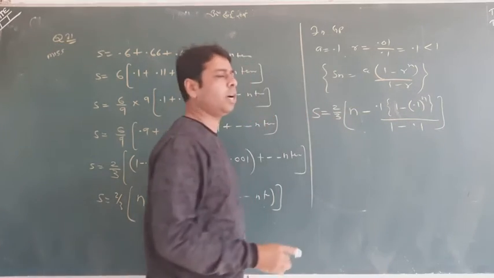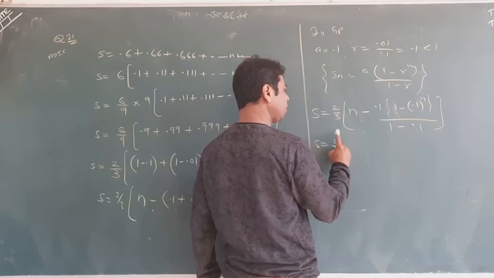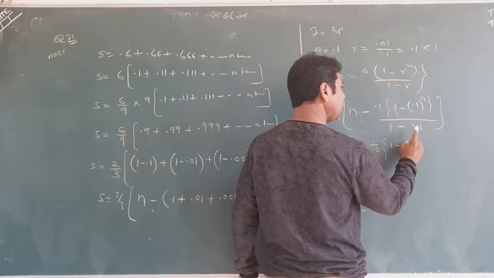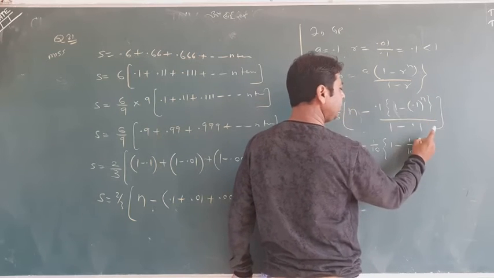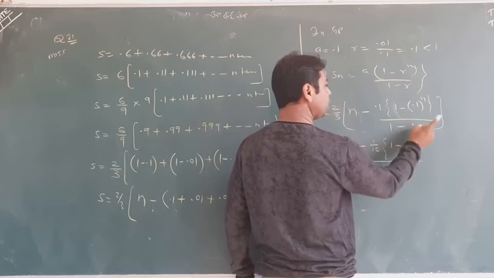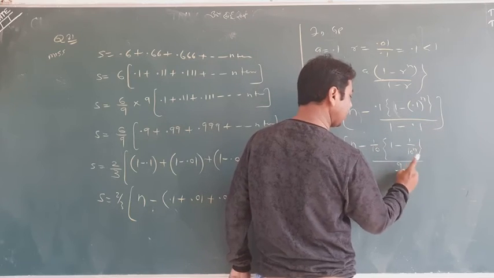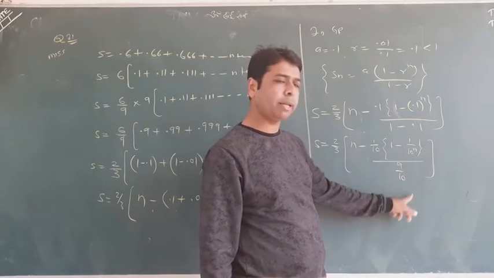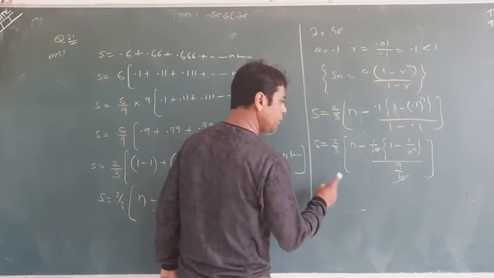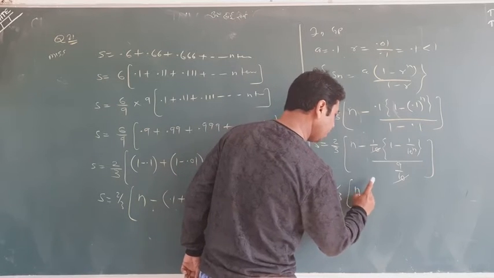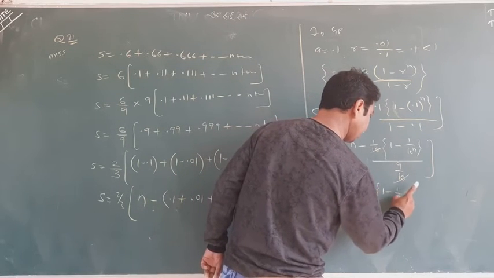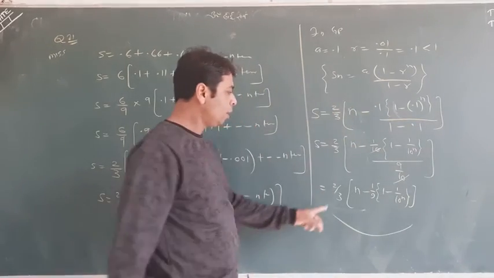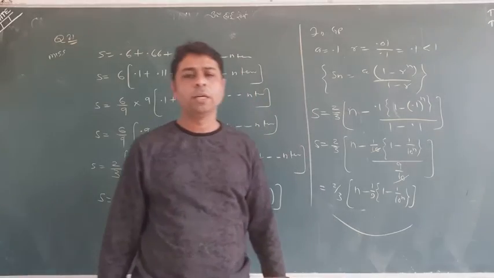Now we can modify: 0.1 is 1 by 10, so 1 by 10 times 1 minus 1 by 10 to the power n, upon 1 minus 1 by 10, meaning 9 by 10. Please try to understand, 0.1 means 1 by 10, and 1 minus 1 by 10 is 9 by 10. So both 10s will cancel each other, and we have 2 by 3 times n minus 1 minus 1 by 10 to the power n upon 9, and this is the answer. You can also multiply 2 by n in the whole bracket.